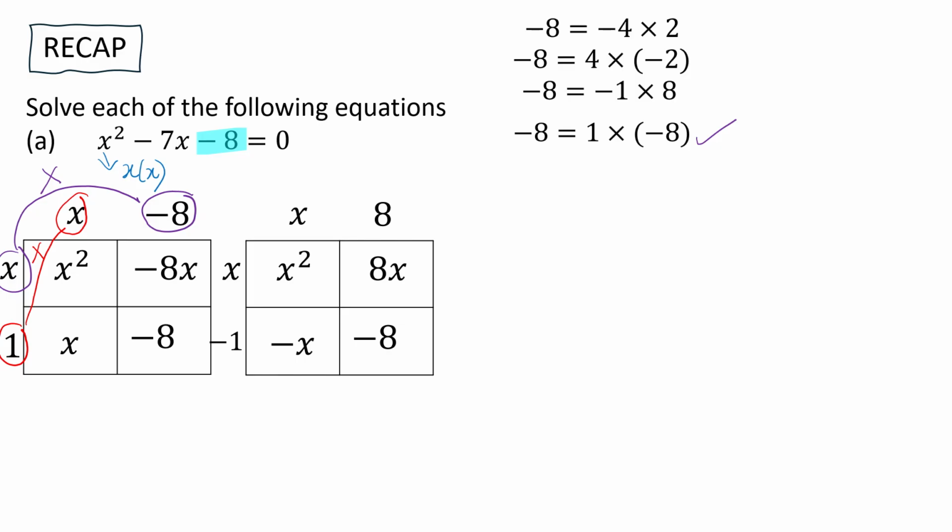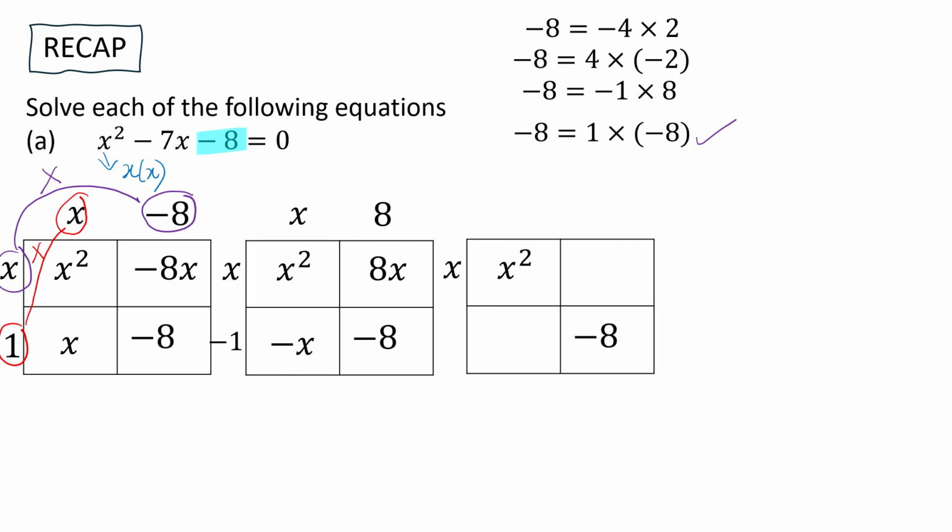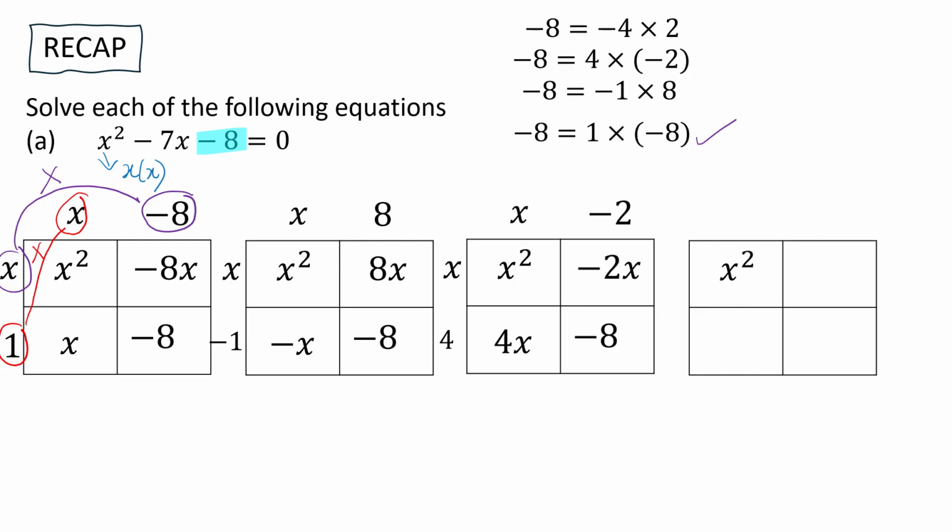It can be this combination also, or it can be the other combinations where it is 4 and negative 2, because 4 times negative 2 gives you negative 8. So that will give you this combination, or it could be this combination. So which one will give you the correct answer?